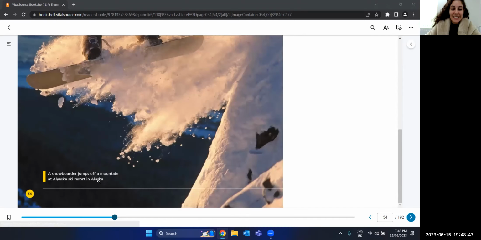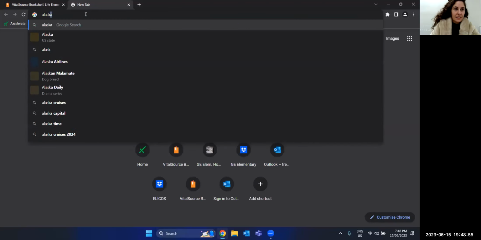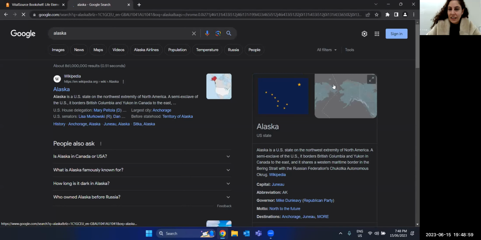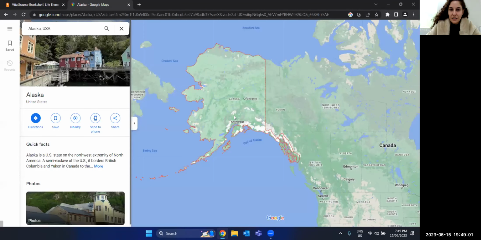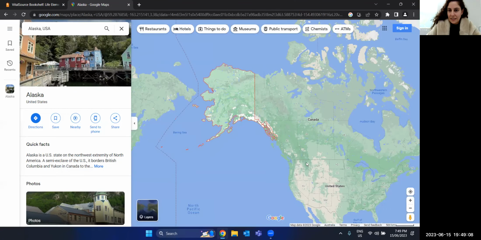And in Alaska, we all know where Alaska is, a part of the US. Alaska is a US state located here. So Canada, Alaska, USA.